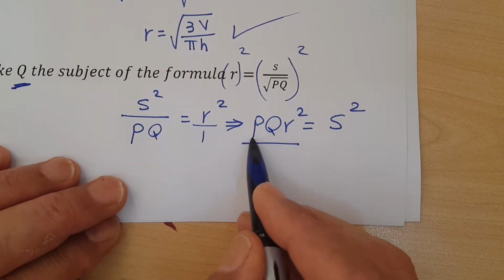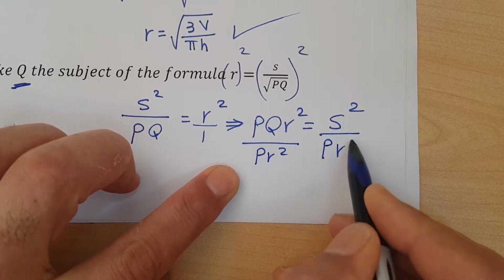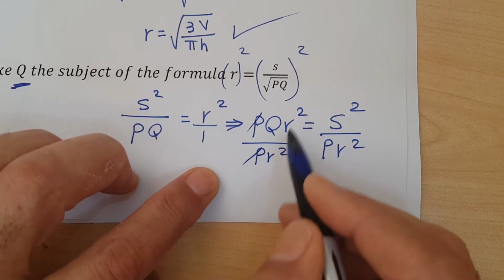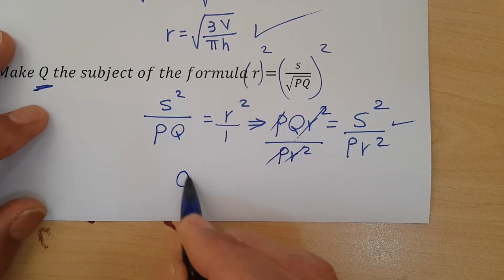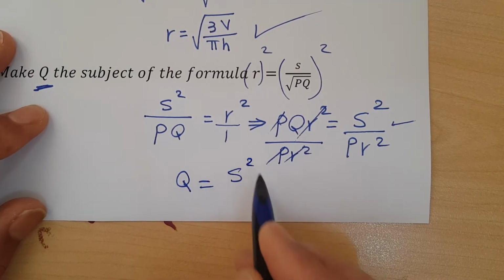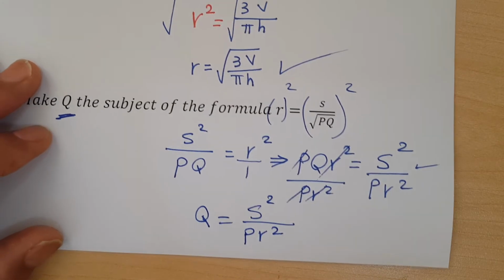So I want to remove p r squared: divide by p r squared. So cancel p, cancel r squared. This is the formula. So finally, I got q as a division of s squared by p r squared. Okay? I hope everything is easy.